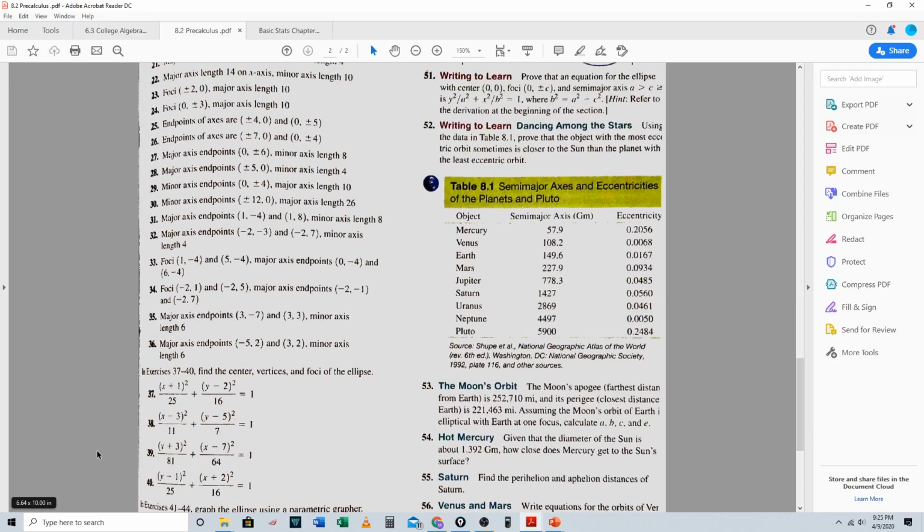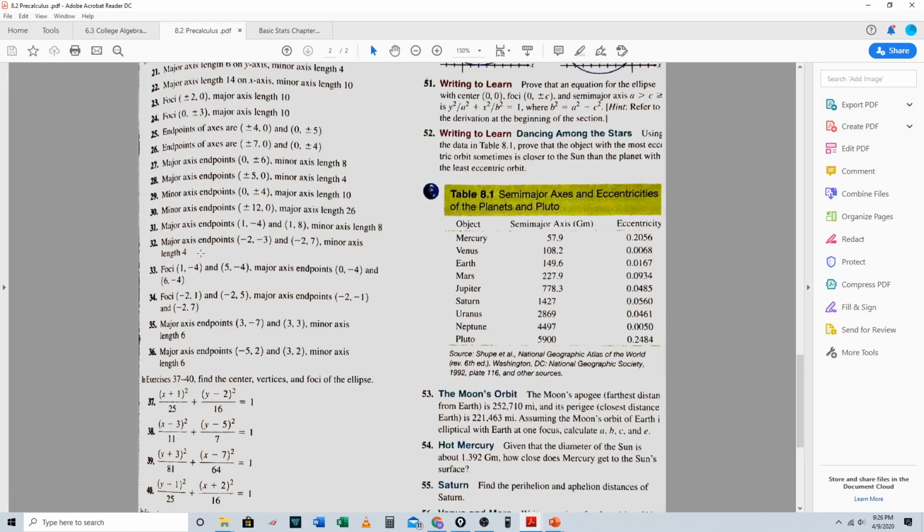So let me write that down before I forget. 1 through 5, and then 21 through 39. Okay. So we're going to do some of these together.